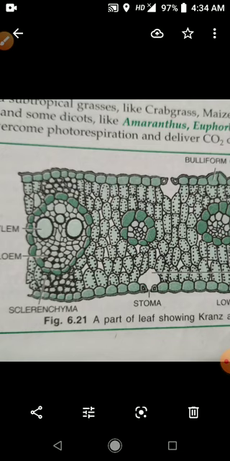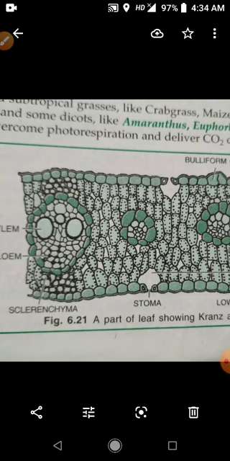Children, you know, in the leaf, in between the upper and lower epidermis, mesophyll cells are found. And generally, the mesophyll cells are differentiated into palisade and spongy cells. And vascular bundles are scattered inside the leaves.